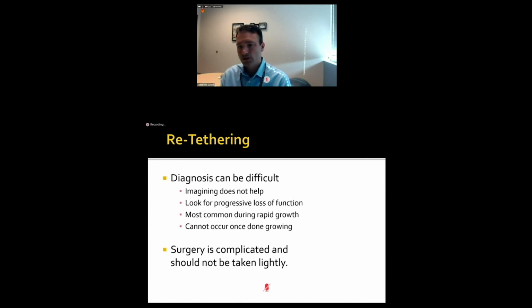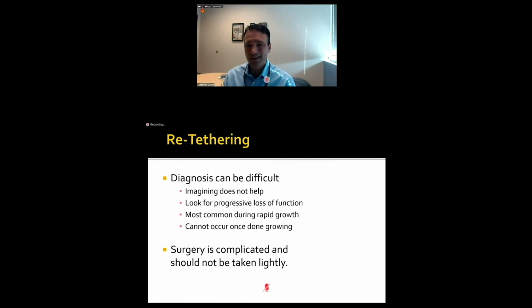Also, the surgery to detether a spinal cord that's already been detethered is even more difficult than doing surgery the first time around. So you really want to discuss with therapists, meaning physical therapists and occupational therapists who are sort of experts at evaluating nerve function and function of the feet, maybe orthopedic surgeons, and certainly your neurosurgeon about whether that's going on and whether it's worth doing a detethering operation.